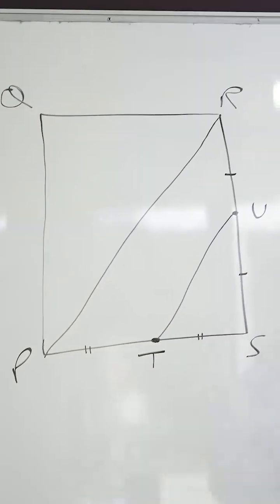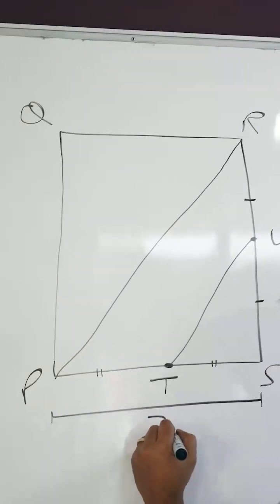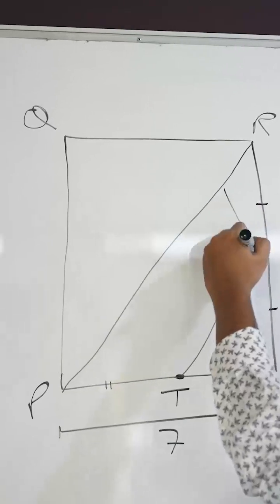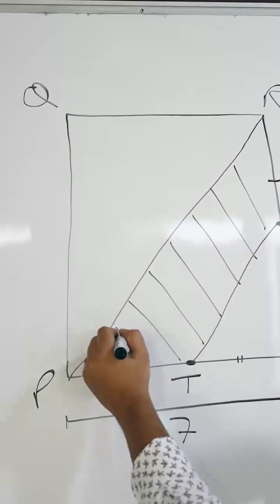So we have a figure here where the dimension of the square is 7 and I need to figure out the area of this shaded portion.